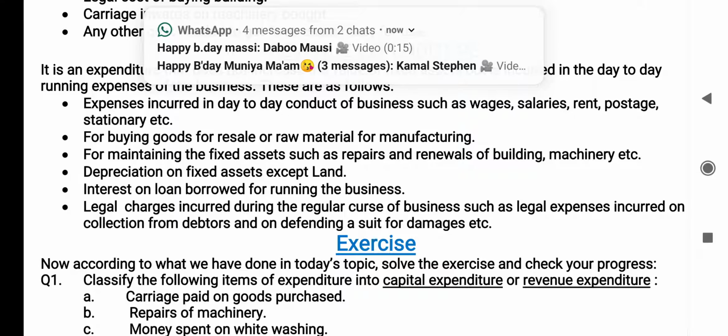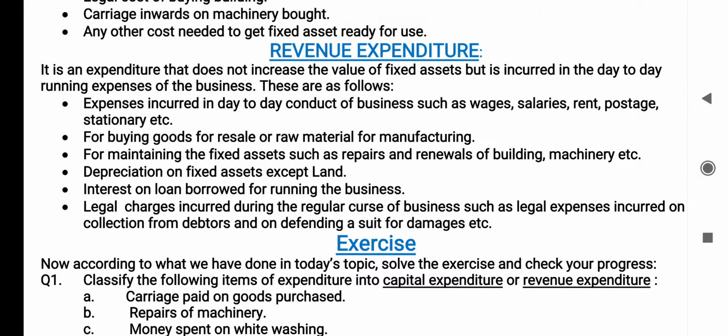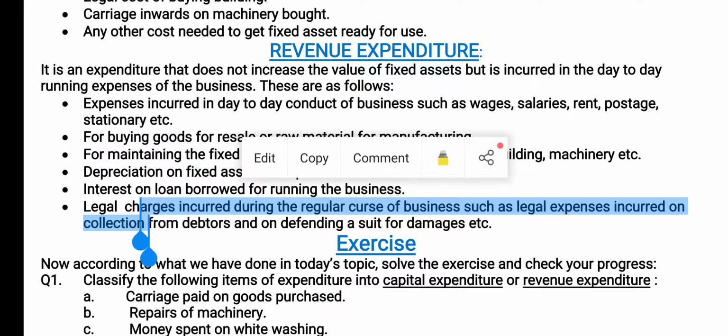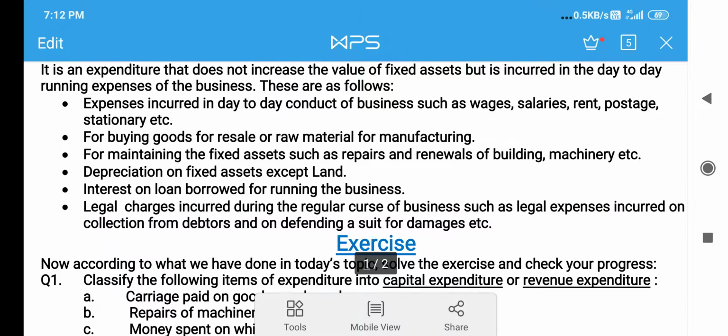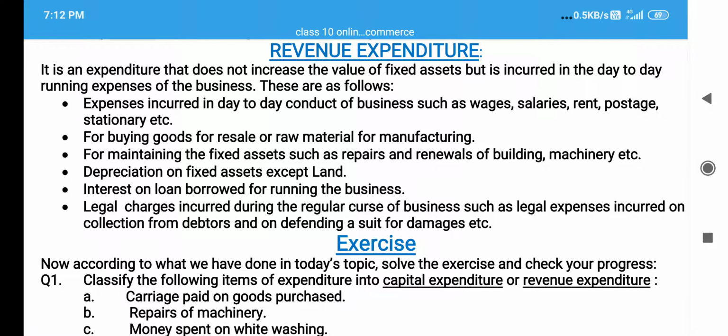Suppose we have to pay wages to our workers on a daily basis, that will be part of my revenue expenditure. Salaries to my employees on a monthly basis will also be part of revenue expenditure. Or rent for the building in which your office is running will also be part of my revenue expenditure.